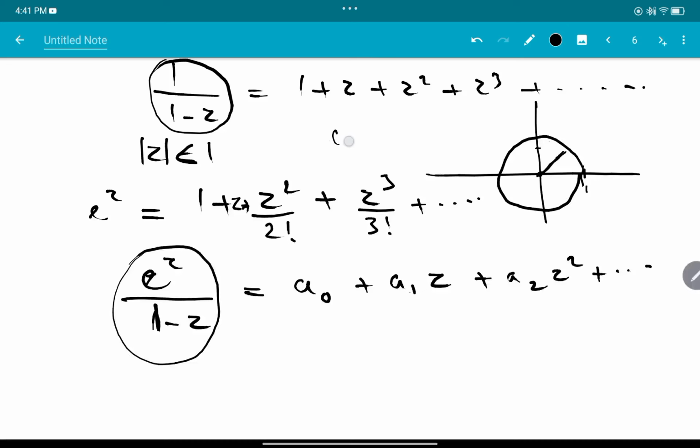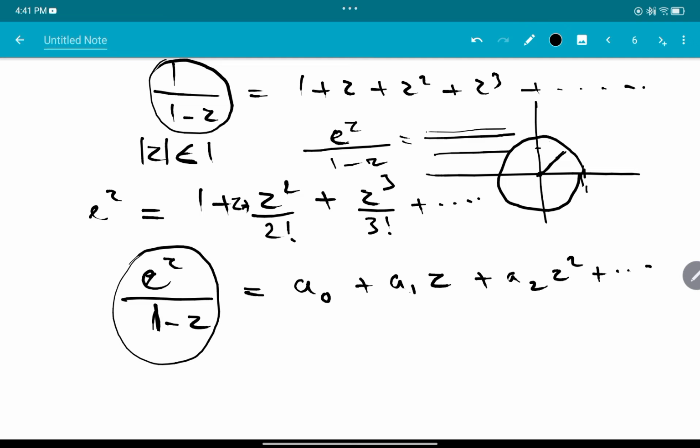When you write e to the z divided by 1 minus z, the problem is that if you write the expression of this here and the expression of this here, then both are long expressions, and it is simply not possible to simplify them easily. I don't know whether they can be simplified even. So I use an alternative method.